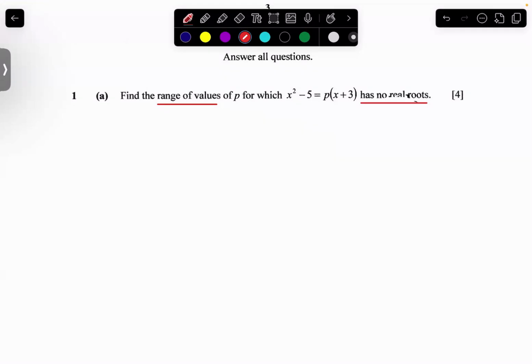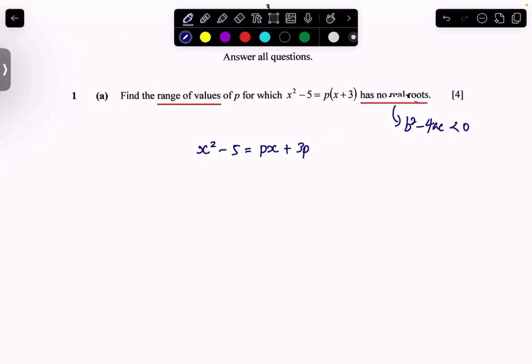So when you see this kind of keywords, this has to do with your discriminant. No real roots means that your b square minus 4ac has no solution, so less than 0. So x square minus 5 equals px plus 3p.